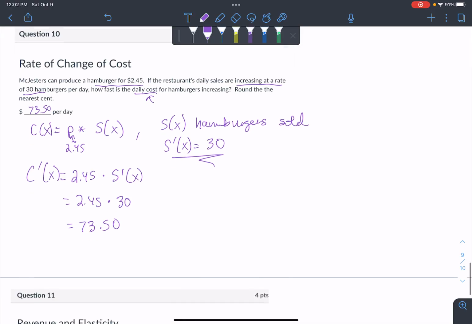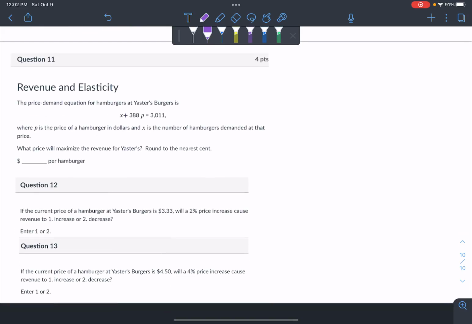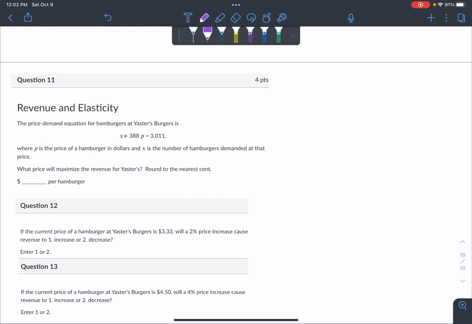All right. So now let's do our last 3 questions for the project. We have a price-demand equation where demand is our X, P is our price. We want to know what price will maximize the revenue. All right, so first things first, our revenue is equal to X times my price.